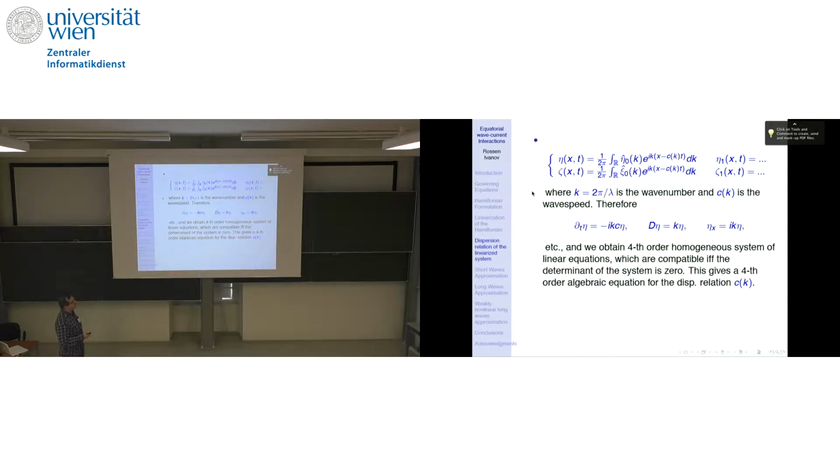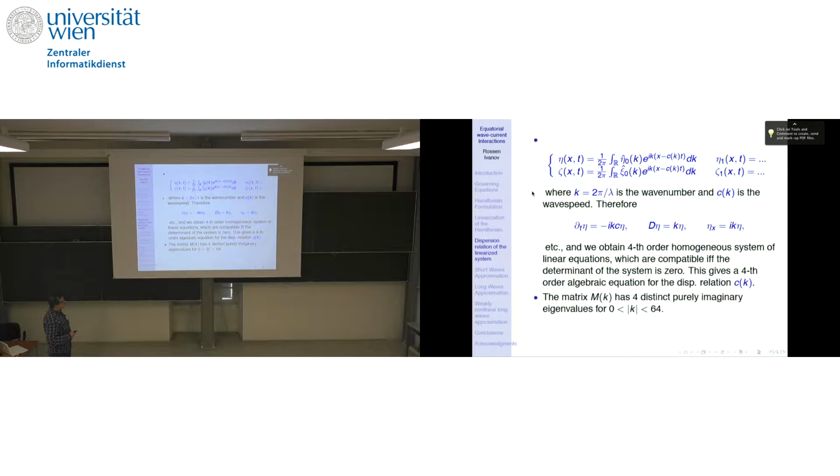So we have a complicated equation for the dispersion relation. It's a polynomial of degree 4 with coefficients that depend heavily on k. And we did a bit of analysis looking at this dispersion relation.